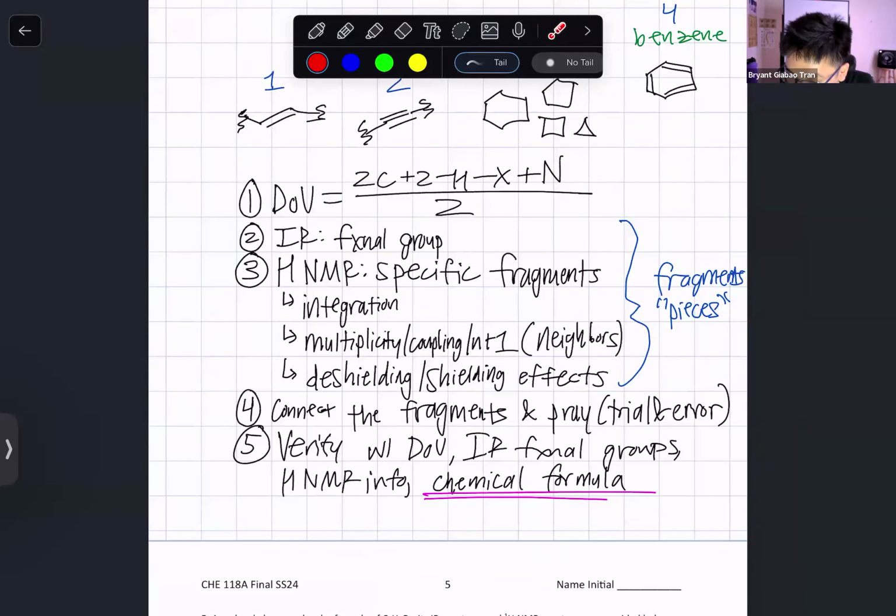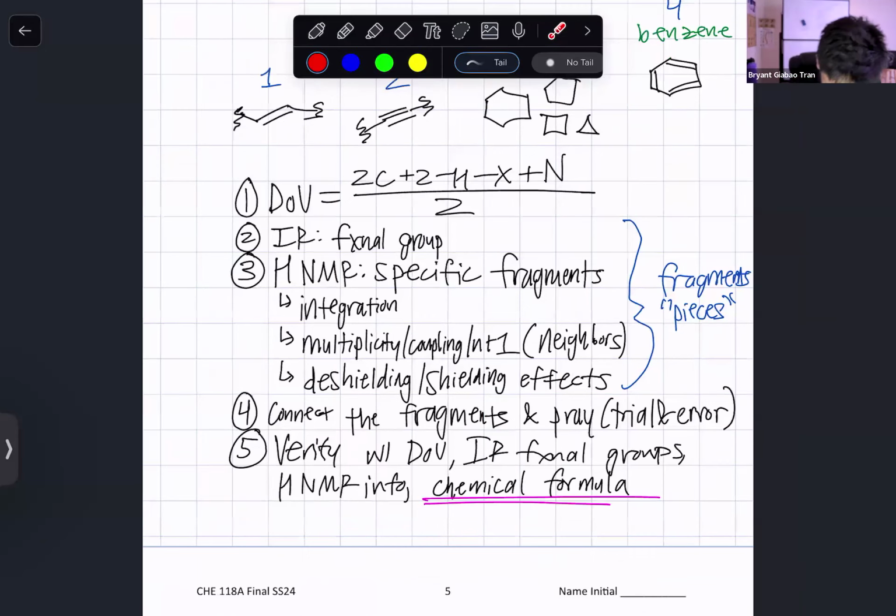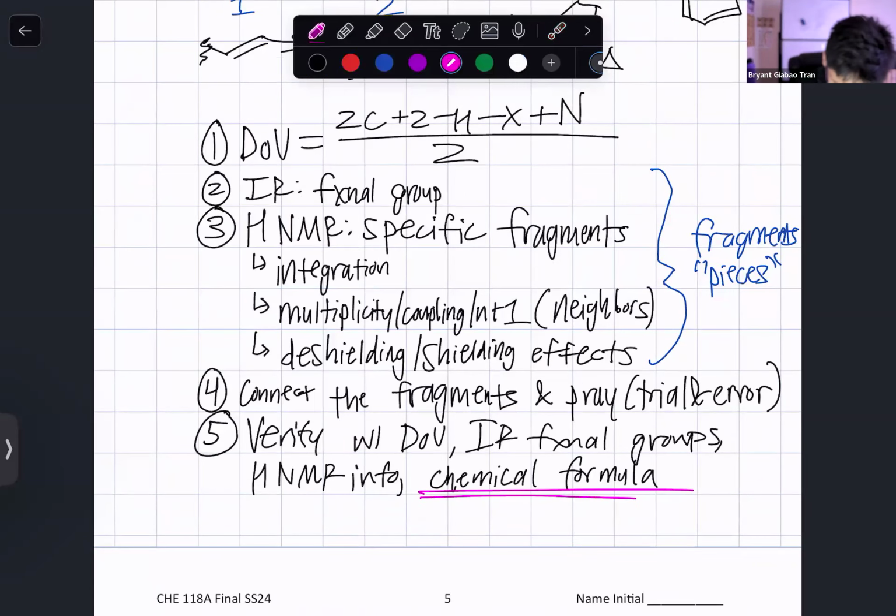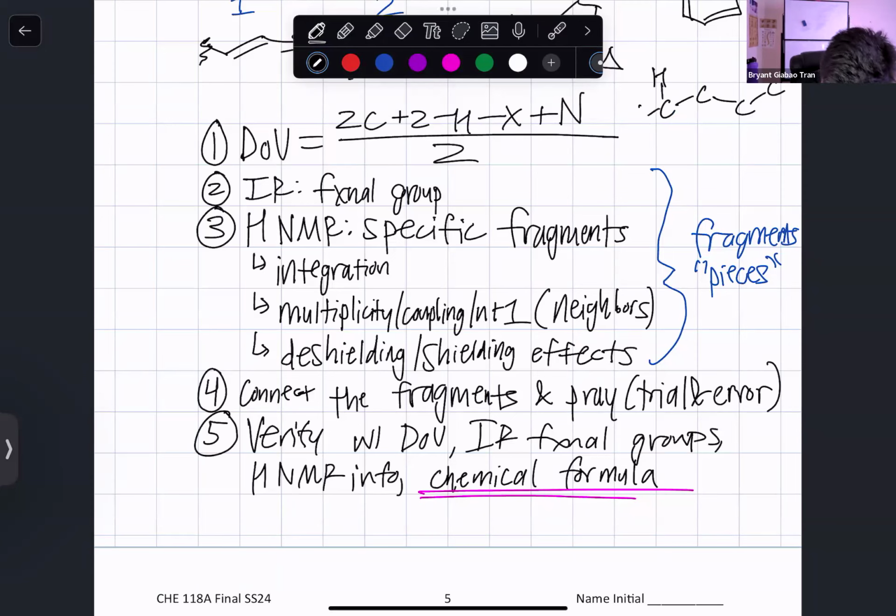Right. An alkane is going to be single bonds between carbons. Right, so that's an alkane right there. You can also see it in this form.